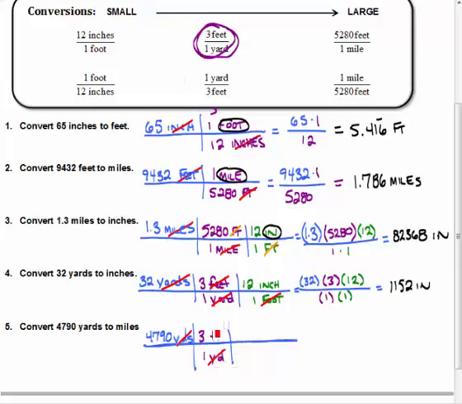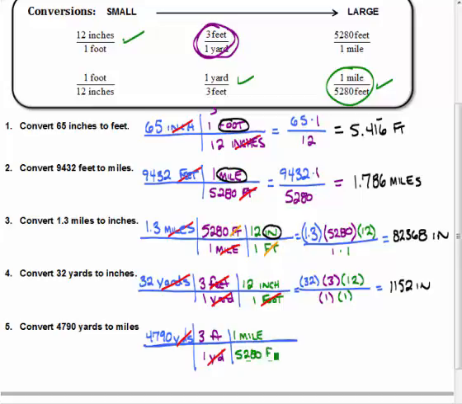Alright, so now I'm going to work on converting feet to miles. So I'm looking for anything with feet in the denominator so it'll divide out. So let's see which ones have feet in the denominator. That one, and that one. So which one of these will help me get to miles? It looks like this one right here will. 1 mile per 5,280 feet. So I'll write 1 mile on top is equal to 5,280 feet on bottom.